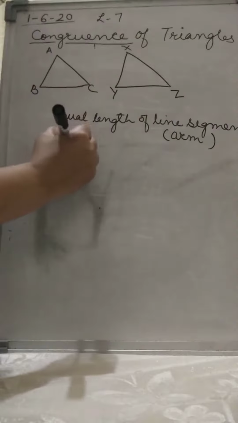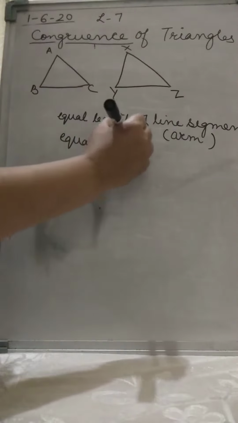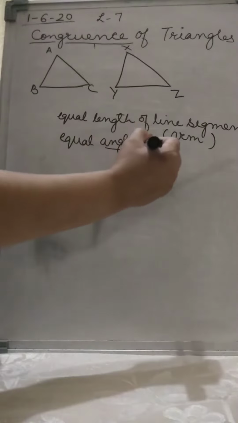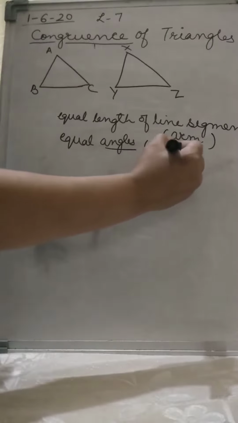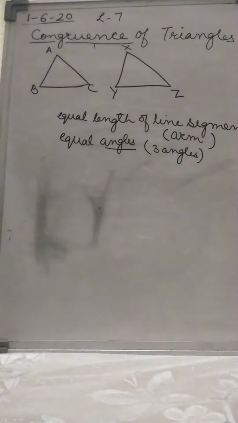They should also have equal angles. The measure of all three angles should be the same. Then only will the triangles be congruent. And if anything is not equal, the triangles are not congruent.